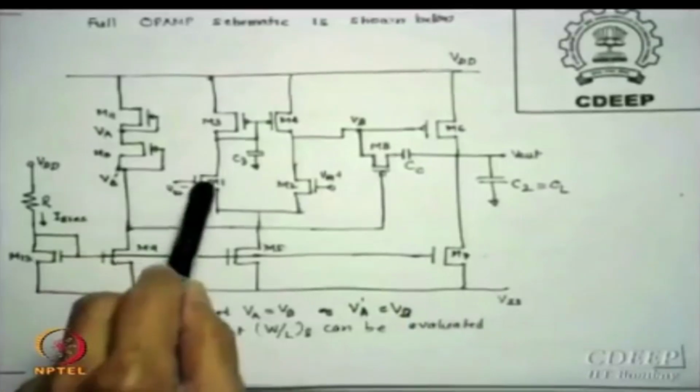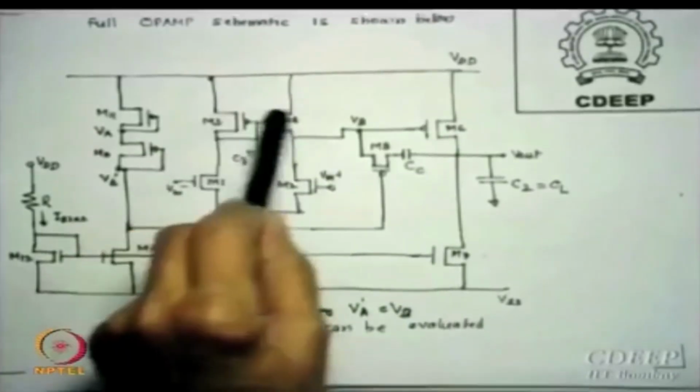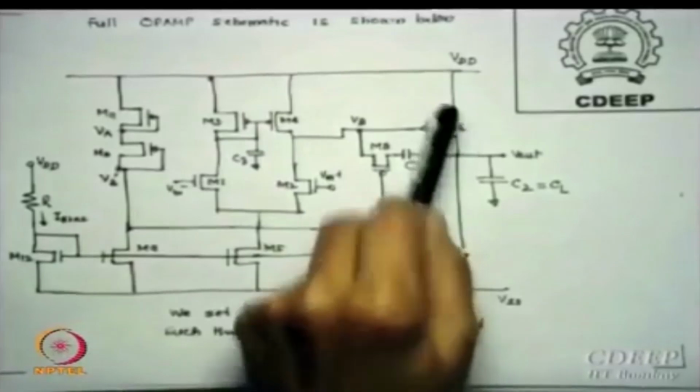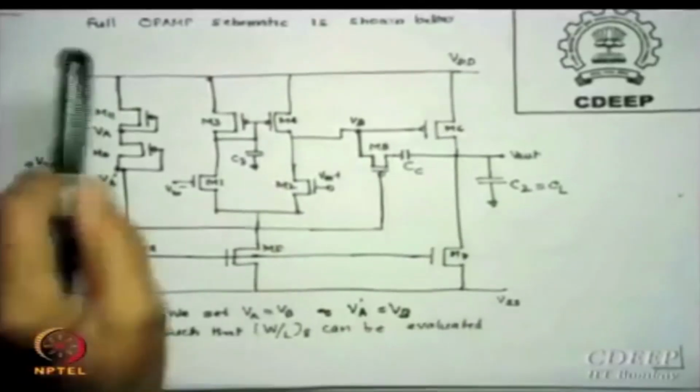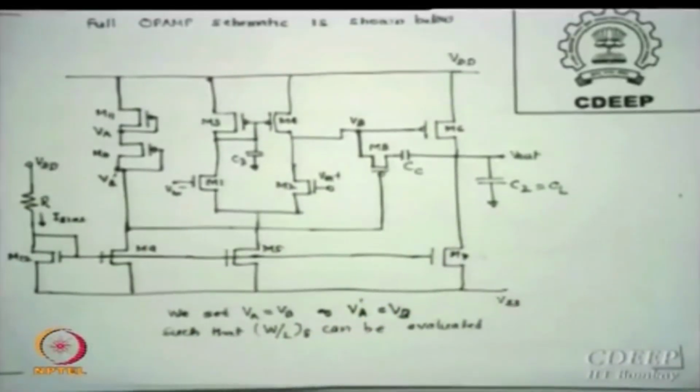We have calculated W by L here, W by L here, W by L here, W by L here, W by L here, W by L here, W by L here. So I am able to evaluate every size of a given transistor for a given specification of my choice. Is that clear to you?